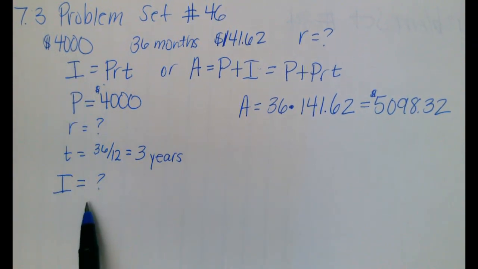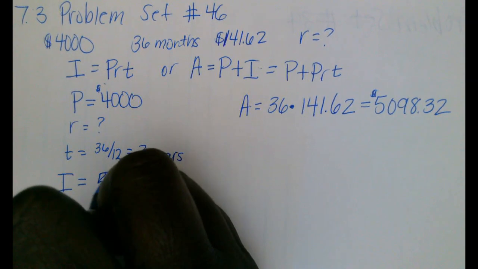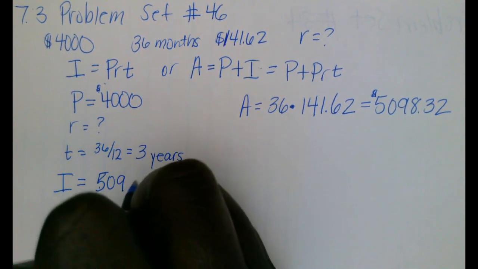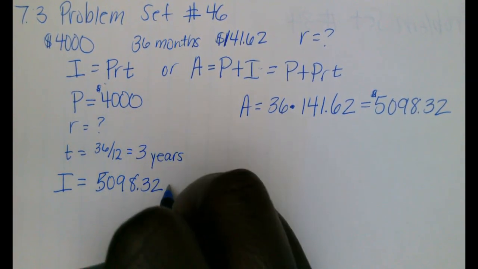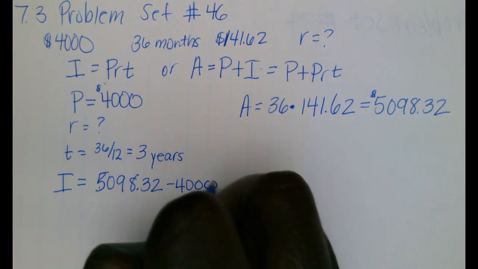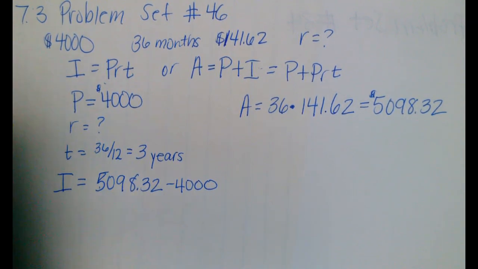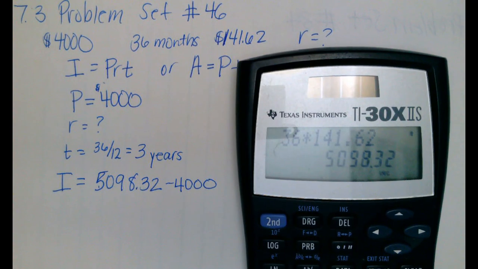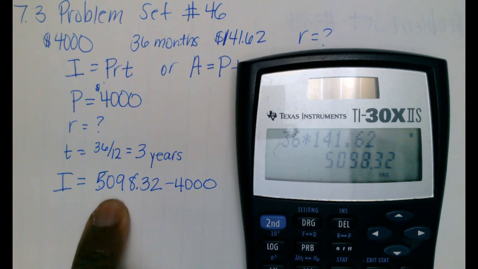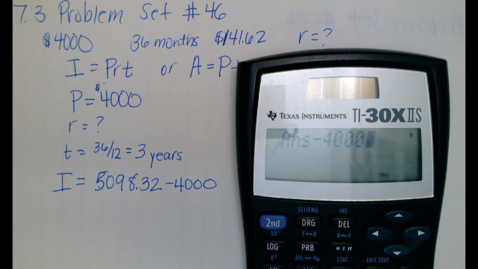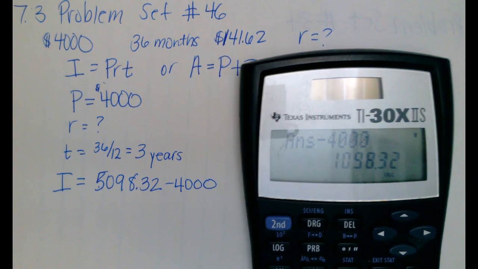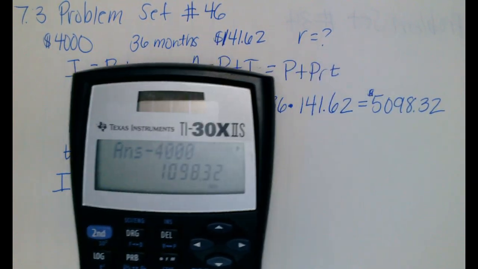So to get our interest, we take how much we paid them back minus how much we actually borrowed. And remember, if you have a down payment, it helps bring down how much you're going to finance. That's a great thing, but we didn't put anything down. So I'm taking $5,098.32 minus the $4,000 we borrowed. So interest is $1,098.32.